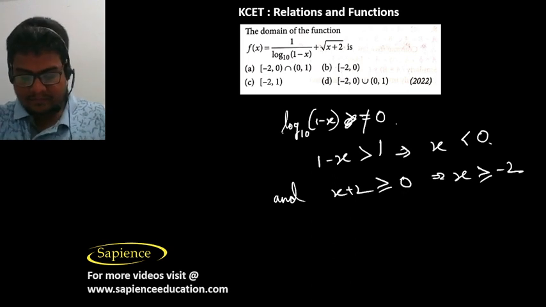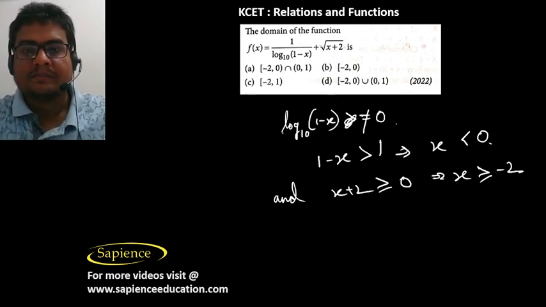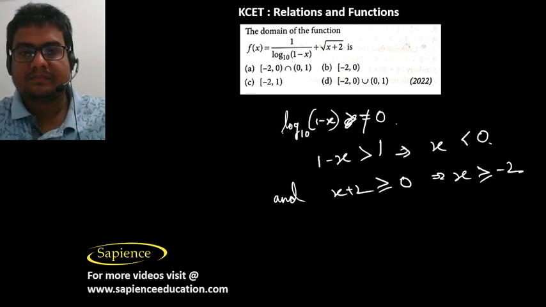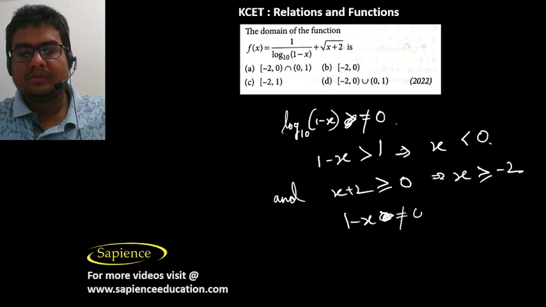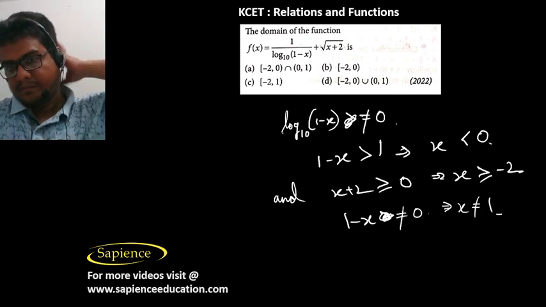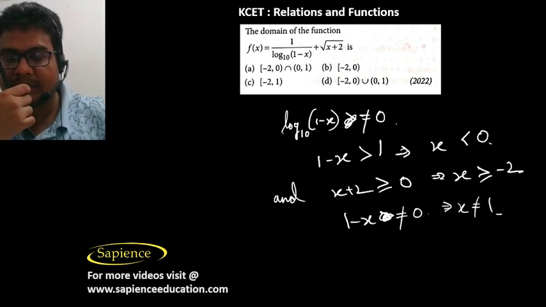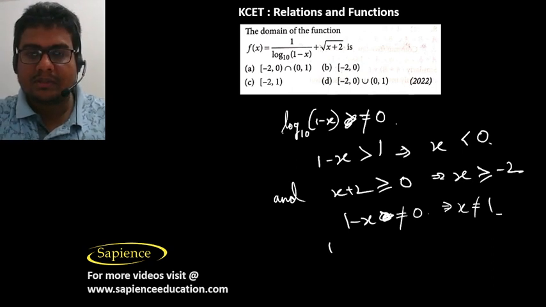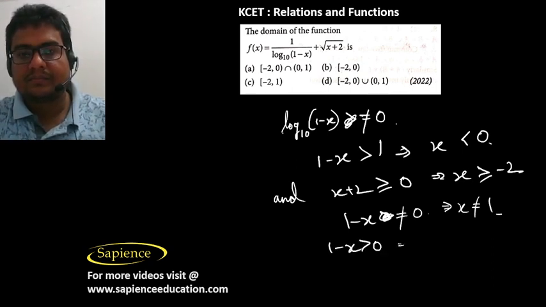And here, log base 10 of 1 minus x, and this 1 minus x should be greater than 0 also. 1 minus x should not be 0 also, means that x should not be equal to 1. So x should be less than 1.